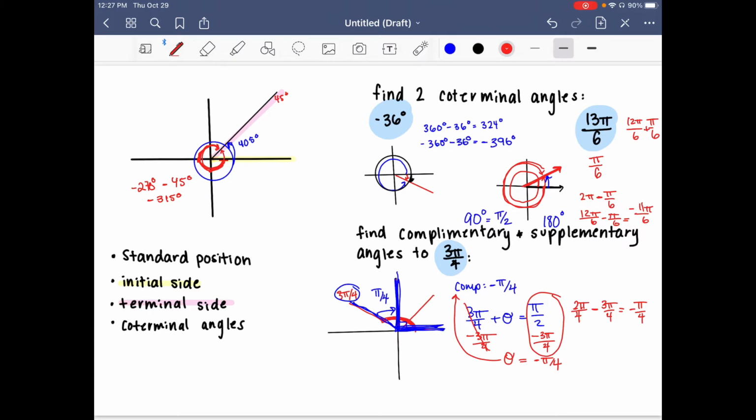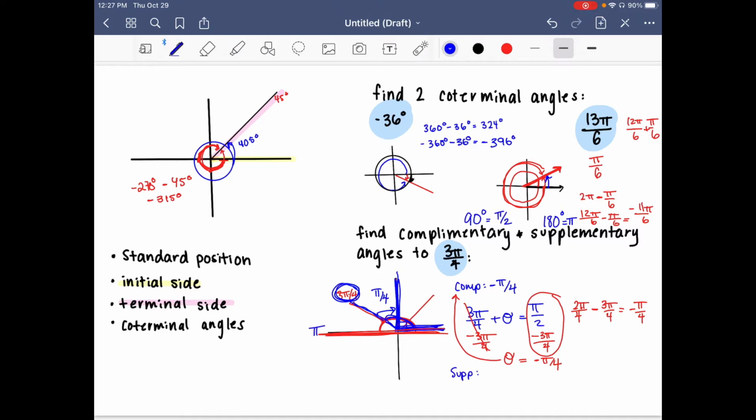Now similarly, when I'm looking for a supplementary angle to 3 pi over 4, I'm still looking at the same angle, 3 pi over 4, and I'm saying what's going to make that equal 180 degrees, which is this flat line. I have 3 pi over 4 here, and supplementary angle, 180 degrees, is just going to be 1 pi. So I can think of this the same way, supplementary.